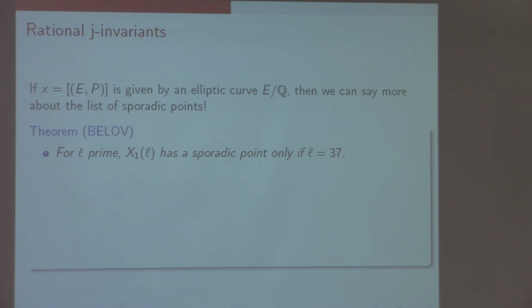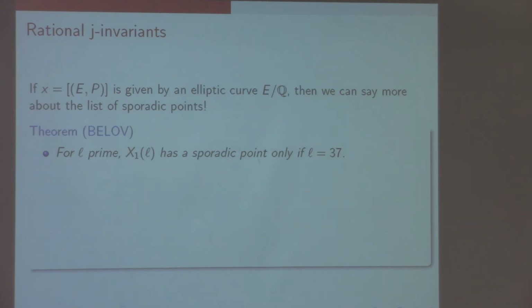So if I focus on those, I can say a little more because we know more about the Galois representations of elliptic curves over Q. So one thing that we can say is, this is another magical number, that for L equals 37, X1(L) has a sporadic point, and that's actually the only prime where we can get a sporadic point. In this case, this point is given by, again, an elliptic curve defined over Q, which has a rational subgroup of order 37.